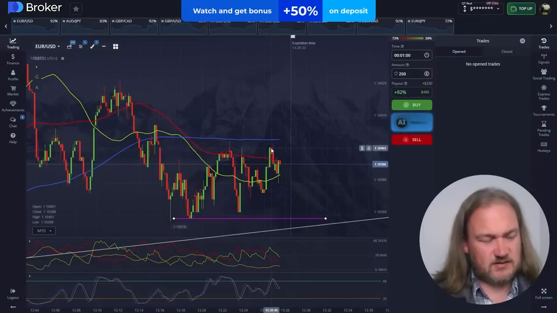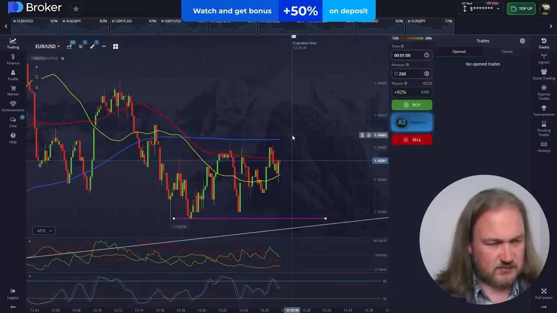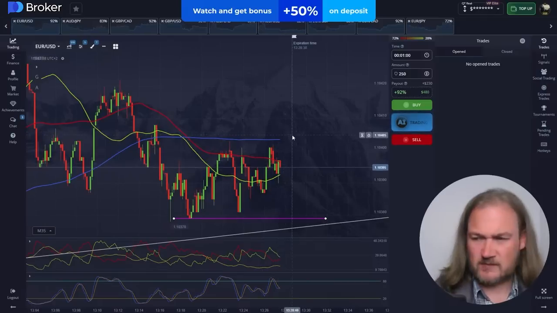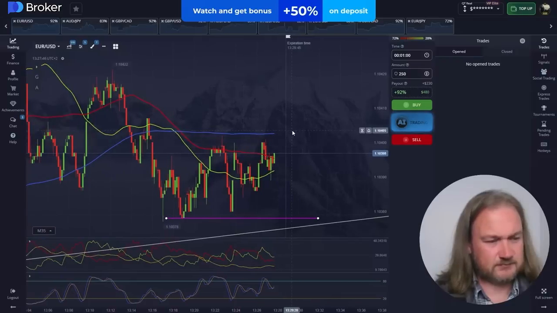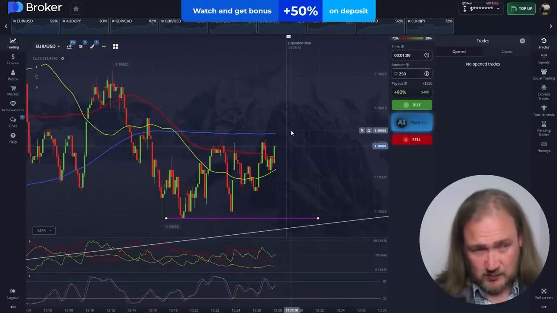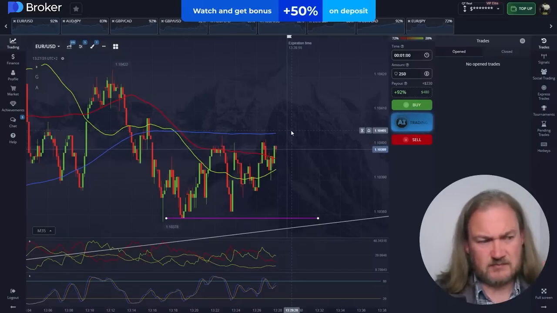We did have a DI spike here, but it didn't quite make it to the moving averages. And I do like them to at least touch. But this is the way the market goes. It's been a slow morning for me in general.